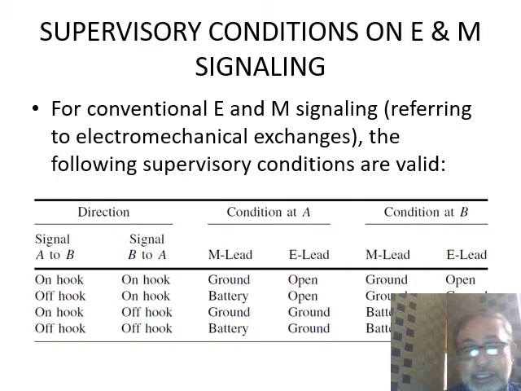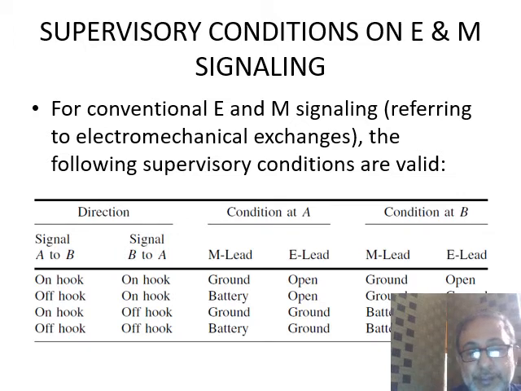Here you can see that a particular condition at A and a particular condition at B would determine the status of both of these endpoints.